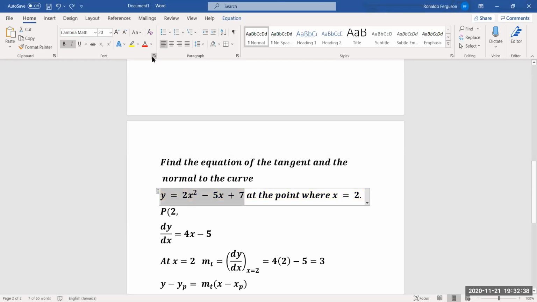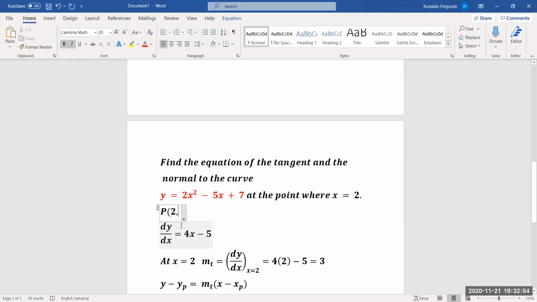Look at this portion that I put in red. Do you see what I put in red?